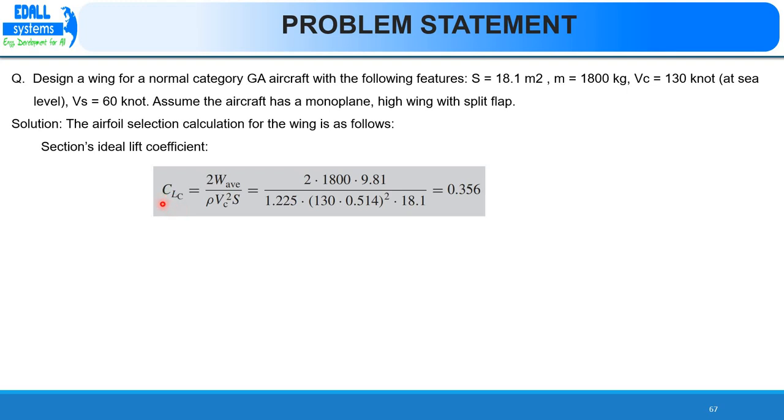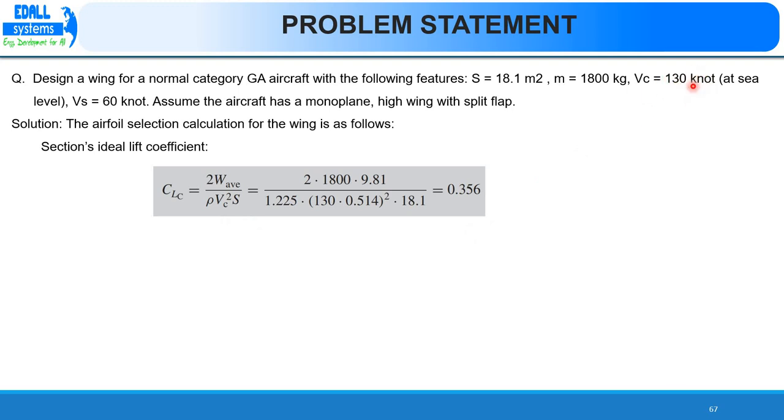cruise lift coefficient CLC. In this equation, as we know, weight W equals mg, m value is given, and g value we know it's 9.81, and the density at sea level value is 1.225. Cruise speed Vc is also given, it's 130 knots.